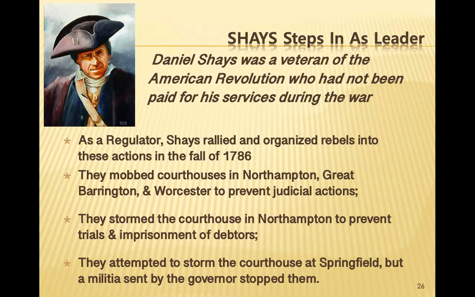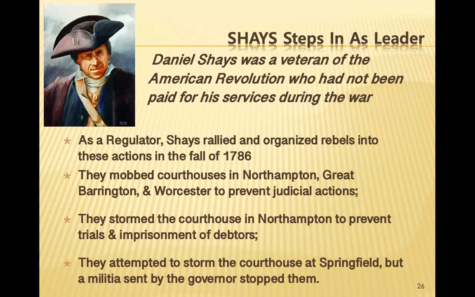So they mobbed the courthouses in Northampton, Great Barrington, and Worcester, all, of course, in Massachusetts, to prevent any further judicial actions taking place against poor farmers who couldn't pay their debts. They stormed the courthouses in Northampton to prevent trials and imprisonment.